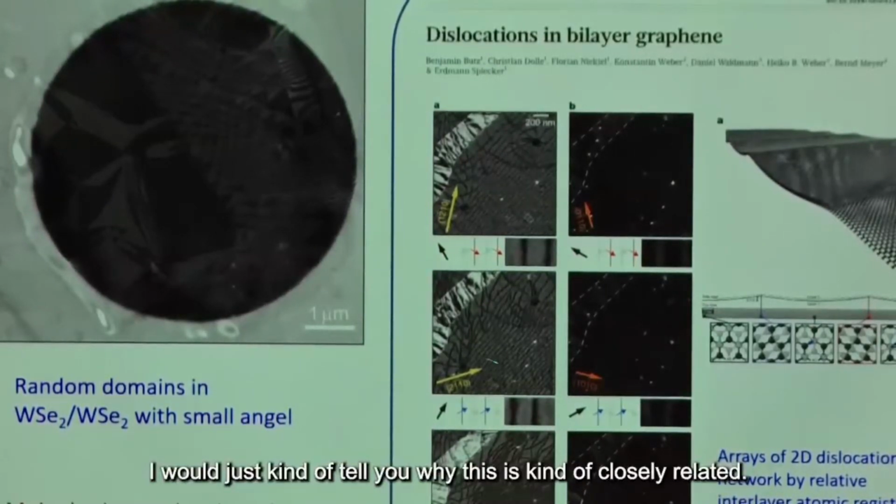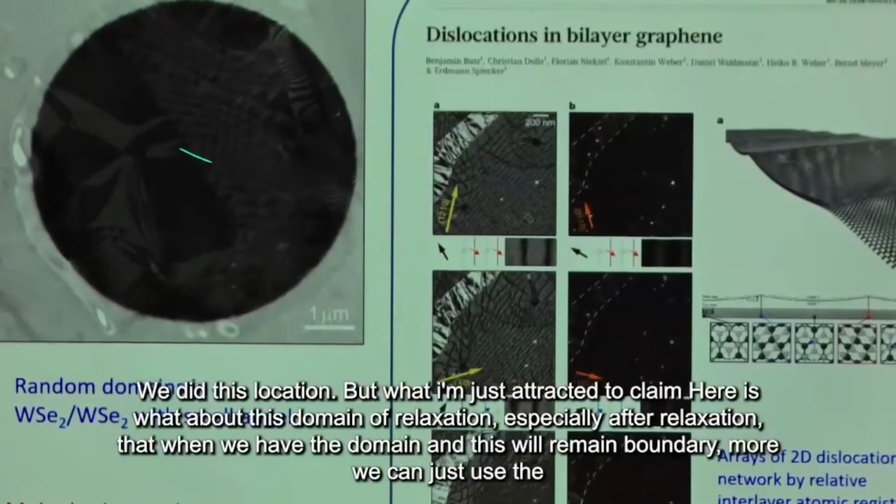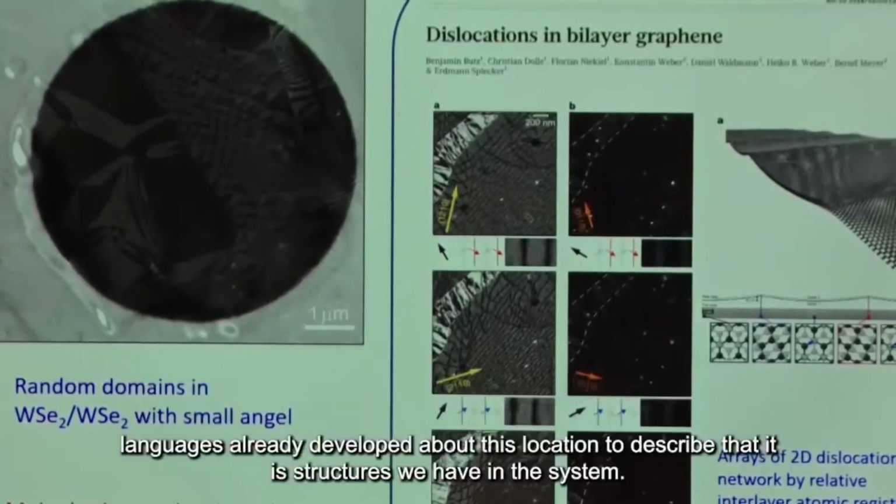What I'm trying to claim here is that after domain relaxation, when we have the domains and the domain boundary network, we can use the language already developed about the dislocation to describe the structures we have in the system. So that's the point.